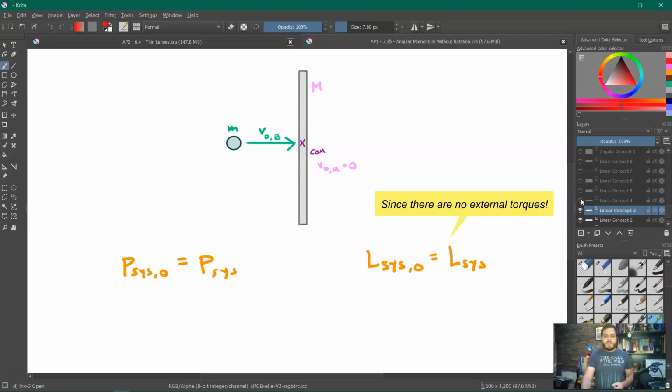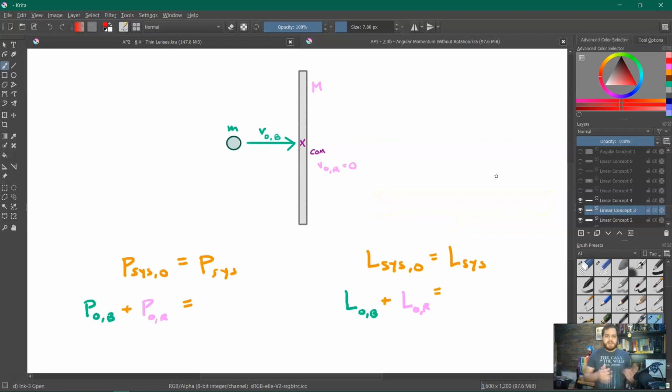Before they strike each other, each object has some initial linear momentum, and both may have some initial angular momentum. But the linear momentum of the rod is zero because it's not moving, and the angular momentum of both of these objects is also zero because they're not rotating. So the initial linear momentum of the system is just the linear momentum of the ball, m v naught b, and the angular momentum of the system is zero, initially speaking.